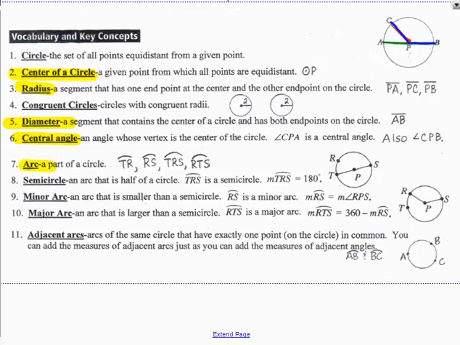That's part of a circle. So if you look at the circle that's next to, let's just use this one over here. Arc TR is this little piece right here on that circle. That's an arc. Arc RS is going to be this piece right here.